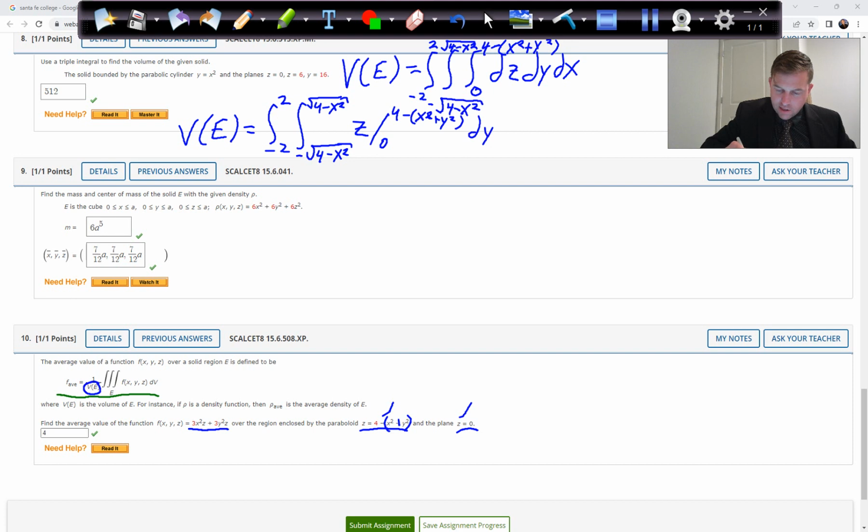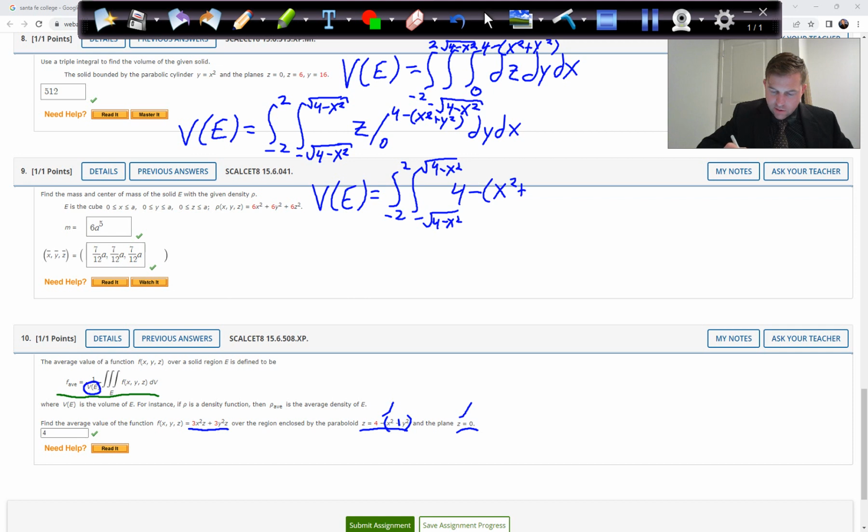And then it's dy dx. So that's going to give us, plug that into z and I'll just get 4 minus x squared plus y squared. And the 0 lower limit will go away.